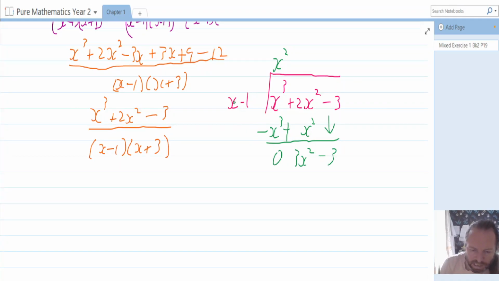Right, same again. How do I make an x into 3x squared? Well, I multiply it by 3x. 3x times x is 3x squared, and minus 1 times 3x is minus 3x.